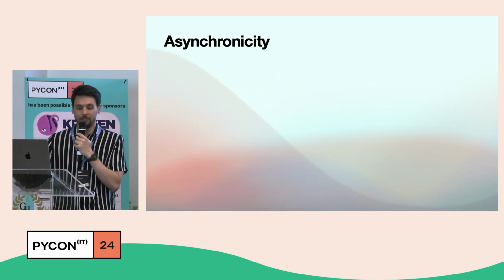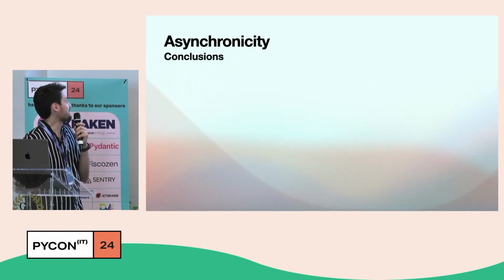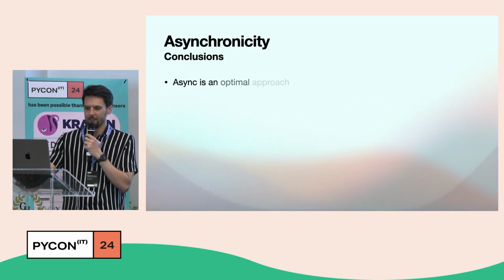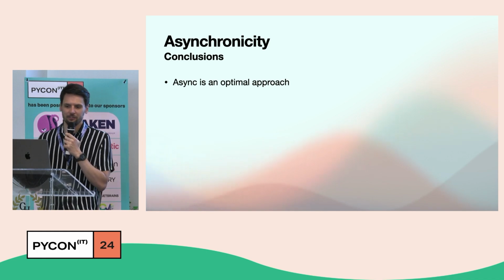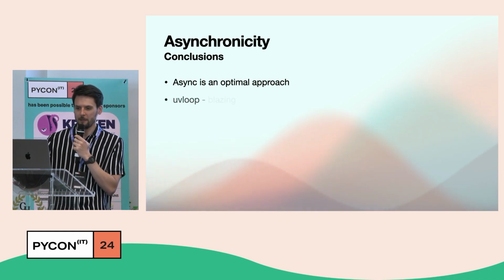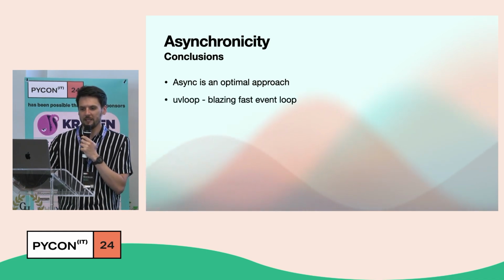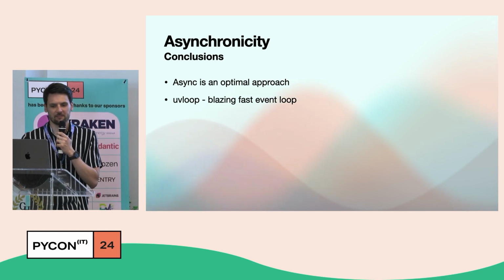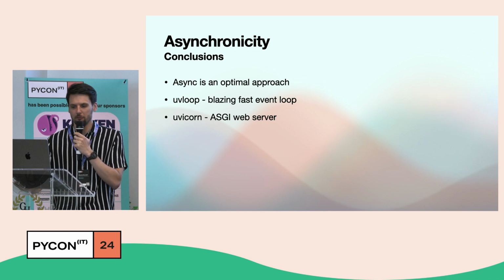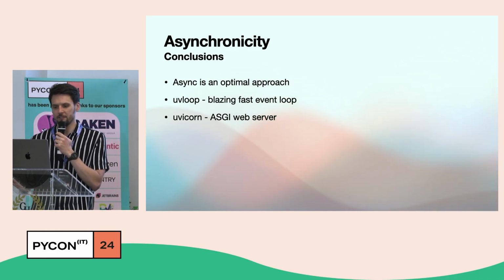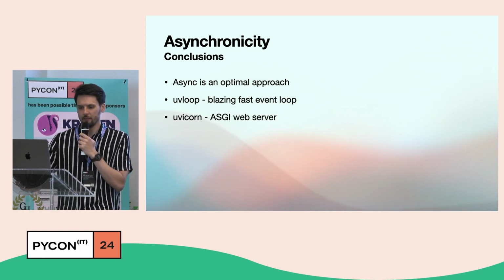So let's go to the conclusions on asynchronicity. Async is an optimal approach in web development, as there is a need to handle concurrent requests. uvloop is a blazing fast event loop and drop-in replacement for asyncio. Uvicorn is a Python ASGI web server which enables asynchronicity and long-living connections.